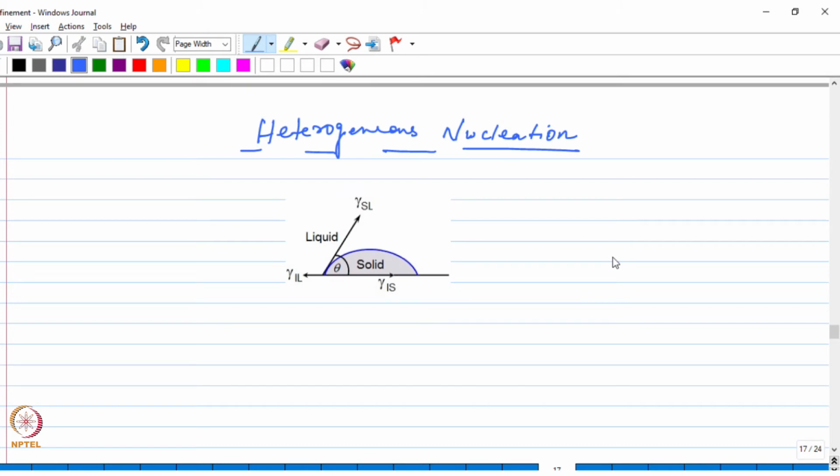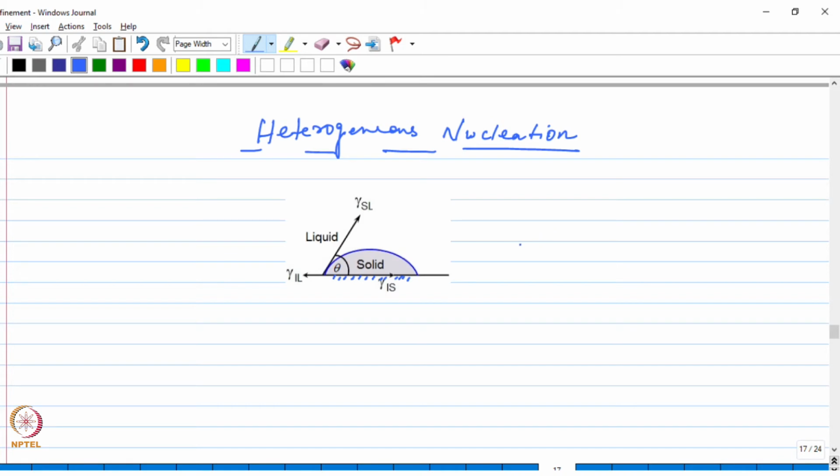So here the nucleation occurs on a surface, which could be a defect or the mold wall in case of solidification, right? So this is the diagram which represents that. This is the surface on which the nucleus is formed. So this could be a defect surface or the mold wall, as I said.